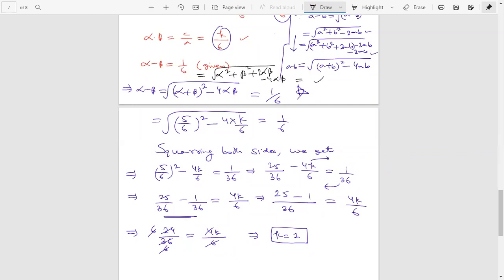So this will be alpha square plus beta square minus 2 alpha beta under the root, which is the root of alpha minus beta whole square. The square cancels with the root, so the remaining value is alpha minus beta. That's why this is a very important step. And we can put in the values to get k. Here also, an important step is squaring both sides to get the final result.